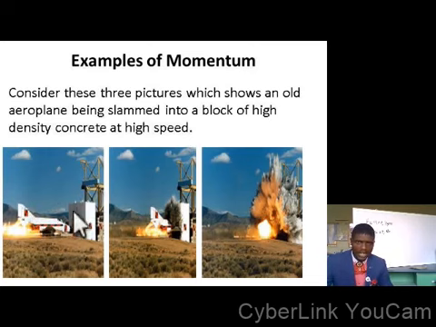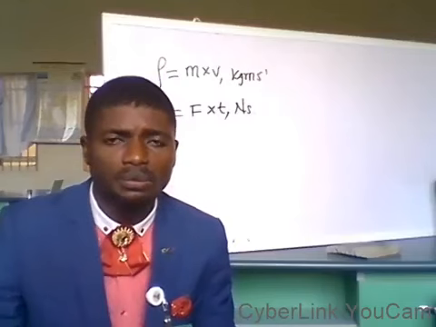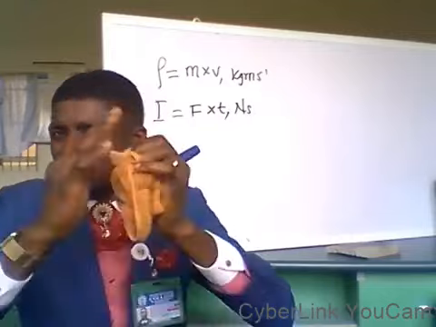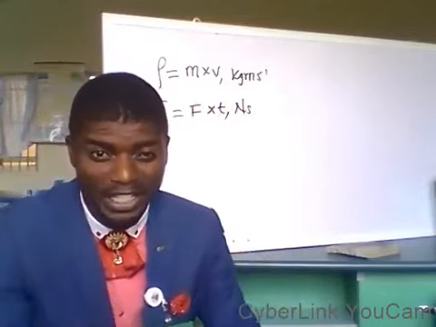And so this is a high density block, and then there is a strong impact here, a strong blow, and then there is an explosion here. So you can see that collision leads to a strong impact or a strong blow and then an explosion. Do you get that very well?